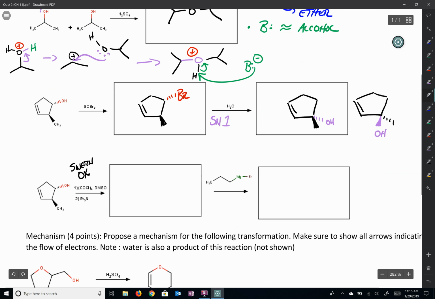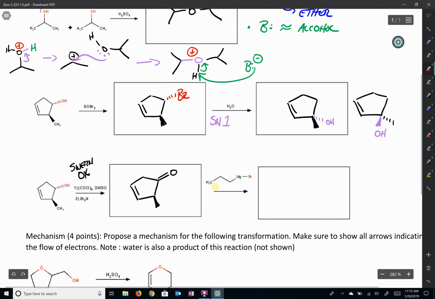And a Swern oxidation takes an alcohol to either a ketone or an aldehyde, depending on whether it's a primary or secondary alcohol. So we have a secondary alcohol, so we're going to make a ketone here. All this other stuff is unaffected. Great.